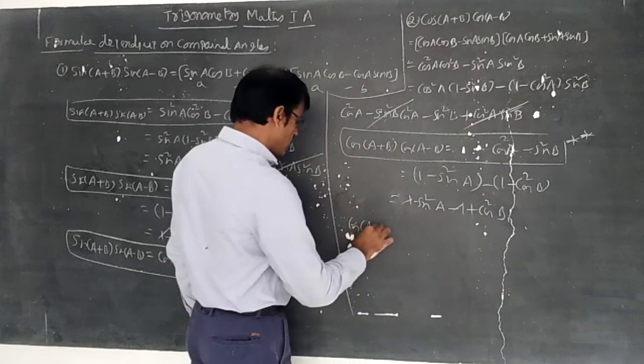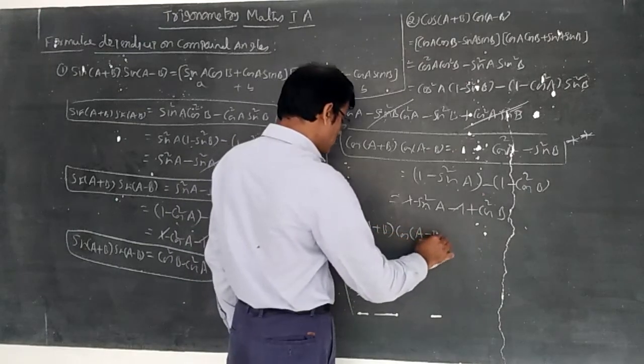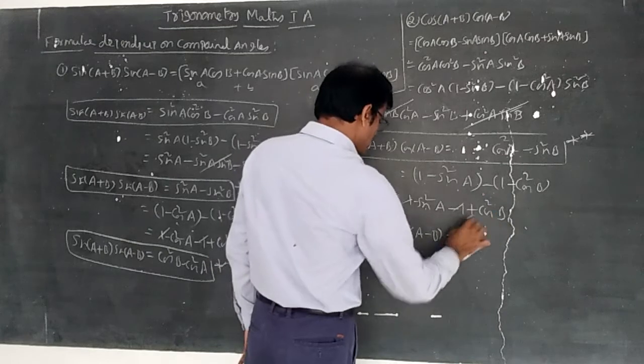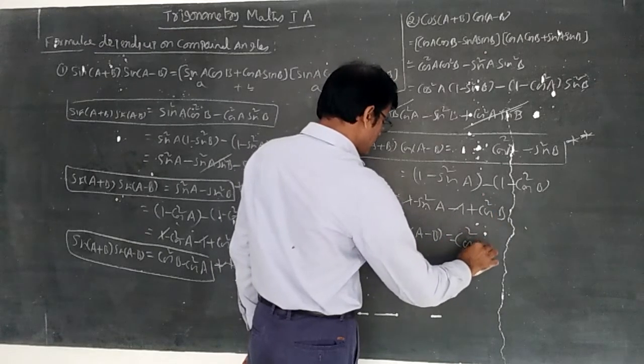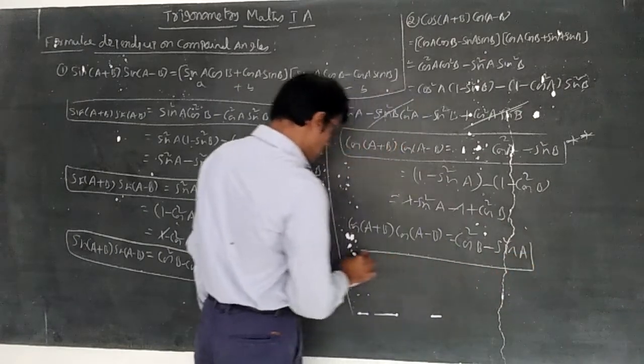Therefore, write the formula cos of A plus B into cos of A minus B is equal to cos square B minus sin square A.